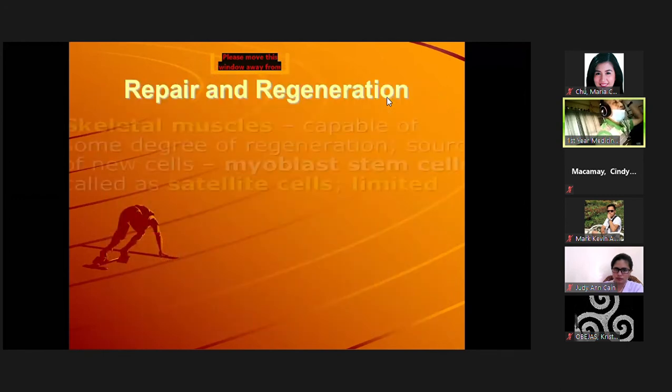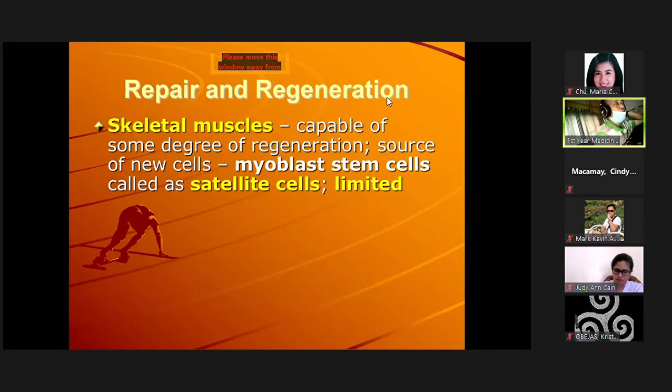Repair and regeneration. Skeletal muscle is capable of some degree of regeneration. The source of the new cells are called myoblast stem cells, or satellite cells. It is limited. When you hear blast, you always know that it is a young cell capable of maturing into a cyte, like myocyte.